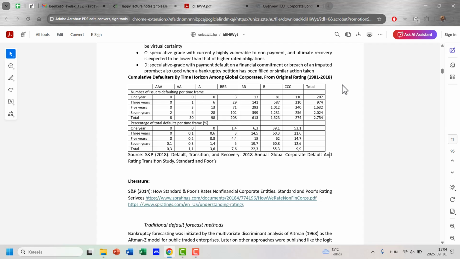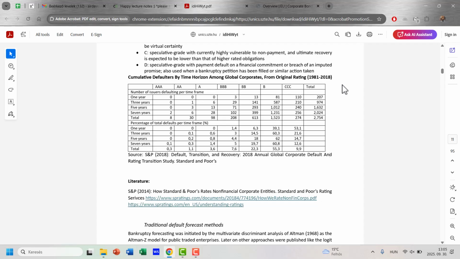The problem is with the threshold. Until you are rated at least BBB, you are in the investment grade category. This is where companies would like to stay, and also countries would like to stay there, because many bond-oriented investment funds or mutual funds or pension funds have this investment policy that they are allowed to purchase only investment grade bonds.